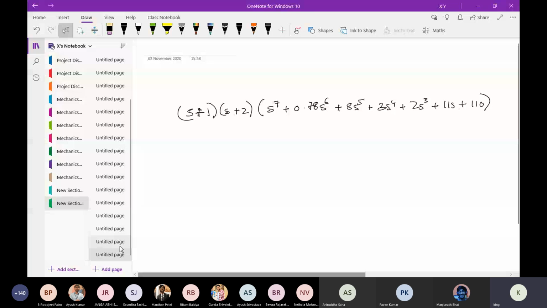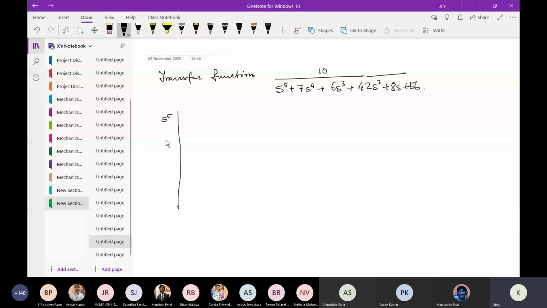When I do this example, you'll find out that for S4 I'll have 1, 6, 8, and this row will be 7, 42, 56.